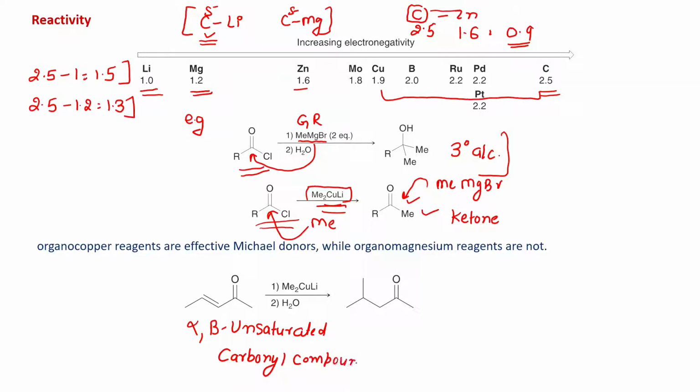So if you react this alpha beta unsaturated carbonyl with methyl copper lithium, your methyl will react on the beta carbon and you will get this product. This is called Michael reaction, Michael addition reaction. While this product will not form when you react it with an organomagnesium reagent, because your organomagnesium reagent will react with this part.